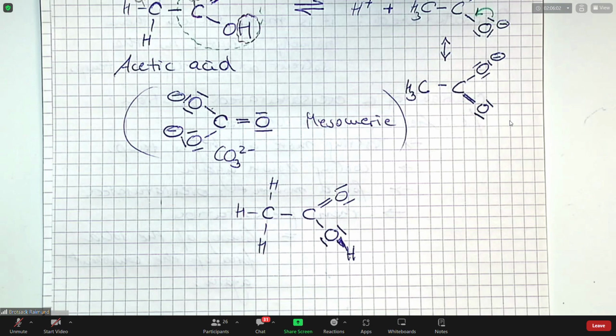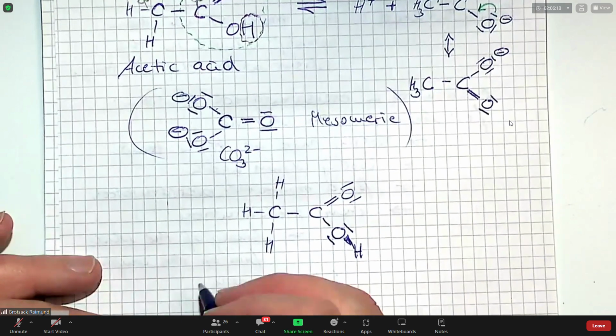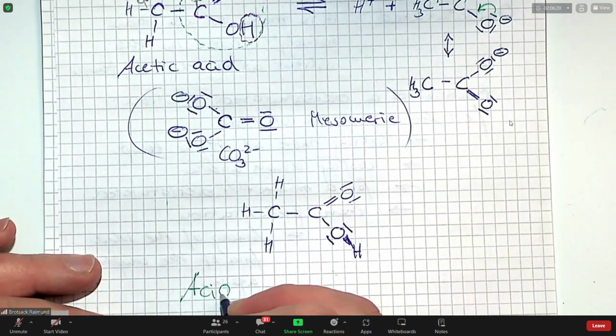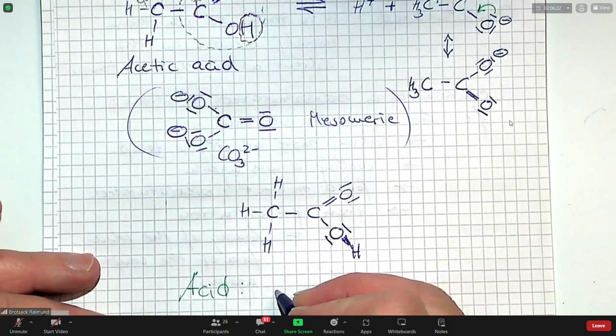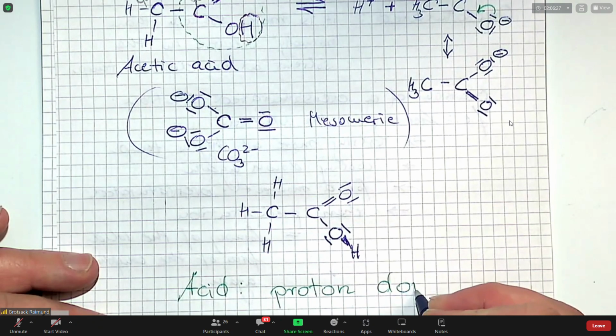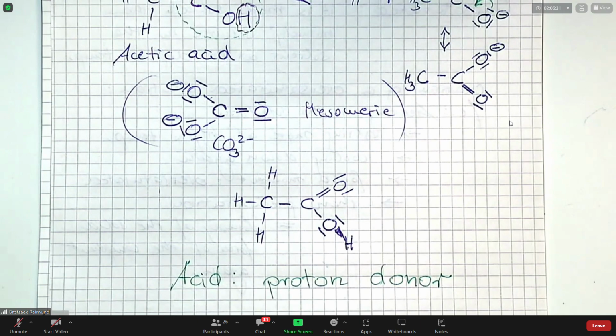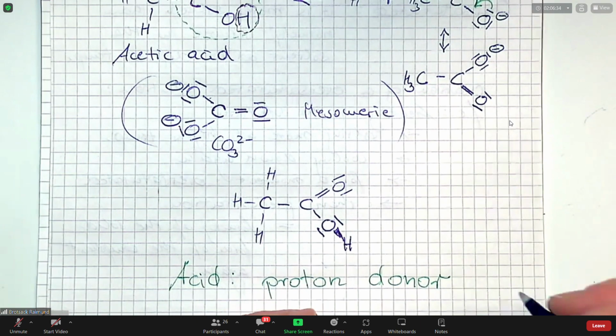So we have a quite high acidic character. What does it mean? An acid is defined as a proton donor, meaning a proton is spent.